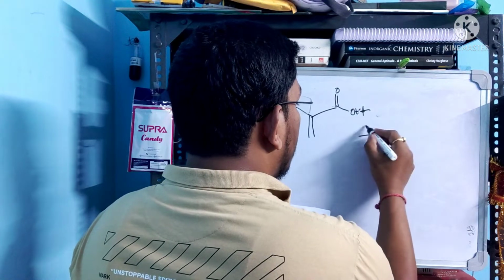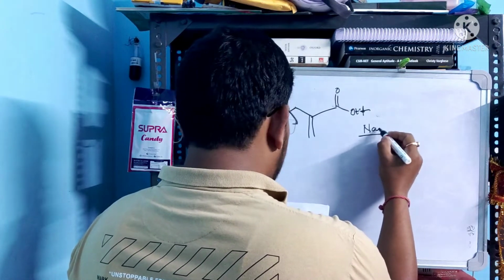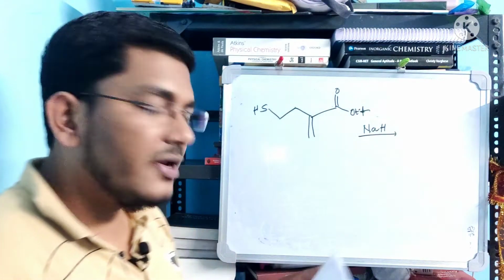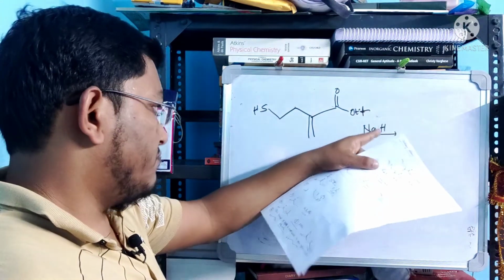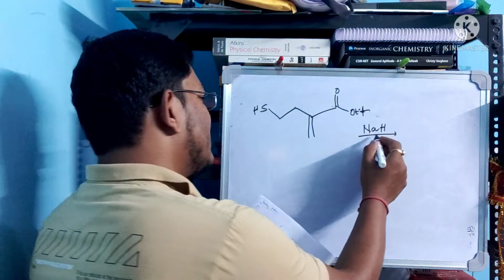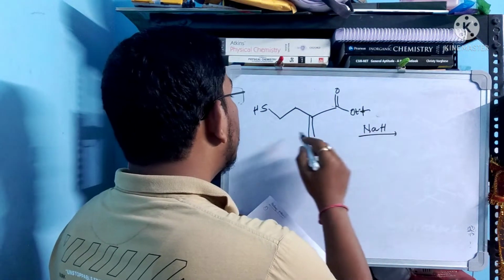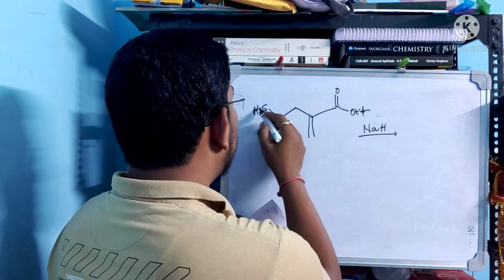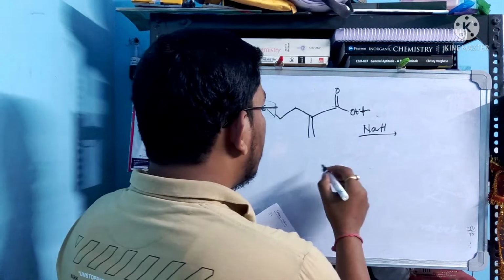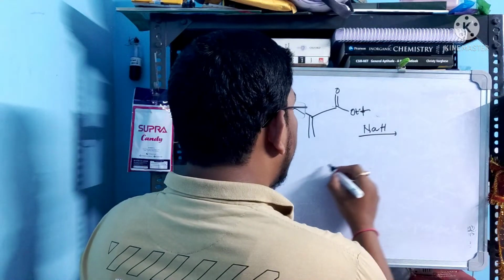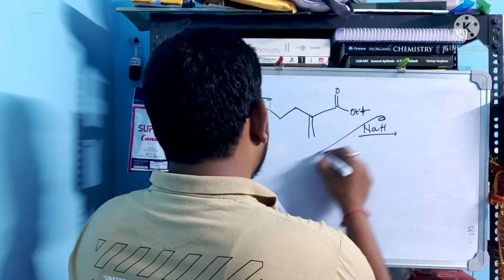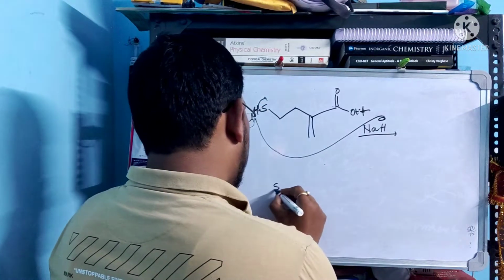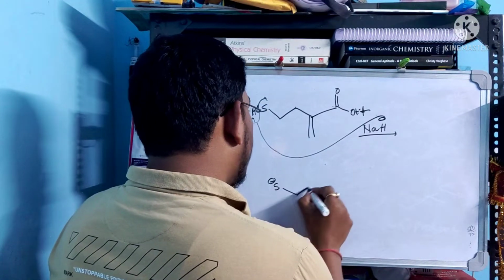OEt, NaH. Okay, what will happen? This is a base and it will abstract a proton from where? The most acidic proton, which is attached with the sulfur atom, and we will get this one.